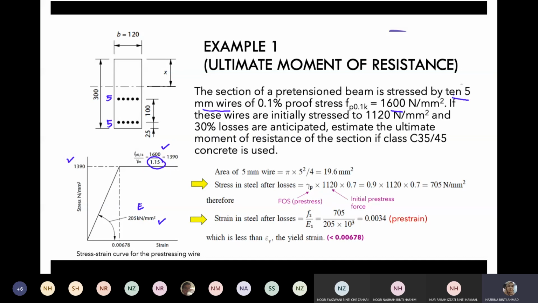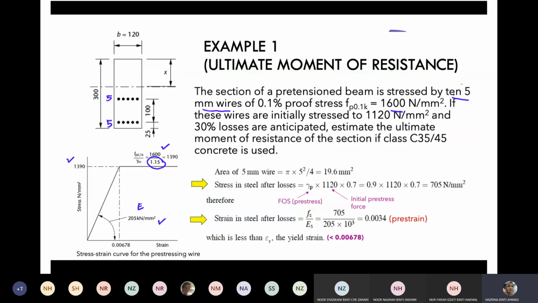So we are required to determine the ultimate moment of resistance, and we have also been given the initial stress of our pre-stressing wires.